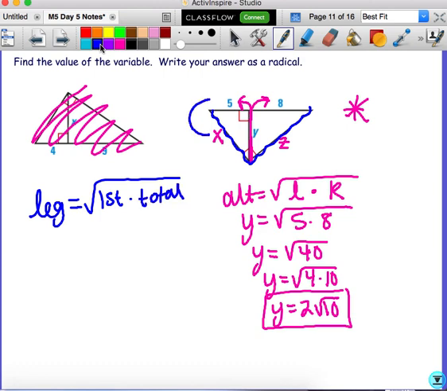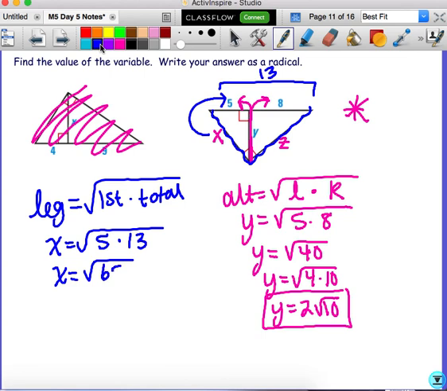So x should equal the square root of 5 times my total, which is 13. And if I look at that, 5 times 13 becomes the square root of 65. That's not divisible by any perfect squares. So the square root of 65 is my final answer.